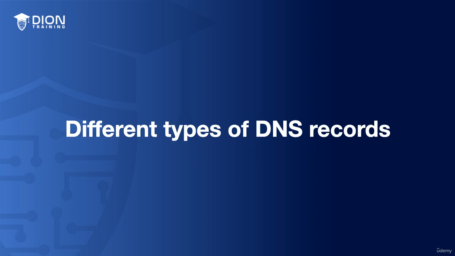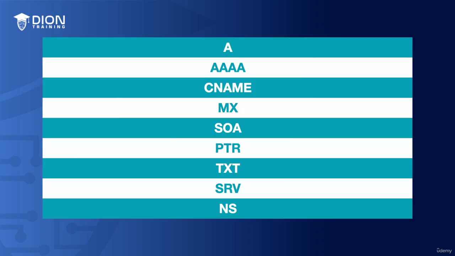Inside your DNS server, you will create different records that hold different types of information. These are known as A records, AAAA records, CNAME records, MX records, SOA records, PTR records, TXT records, SRV records, and NS records.